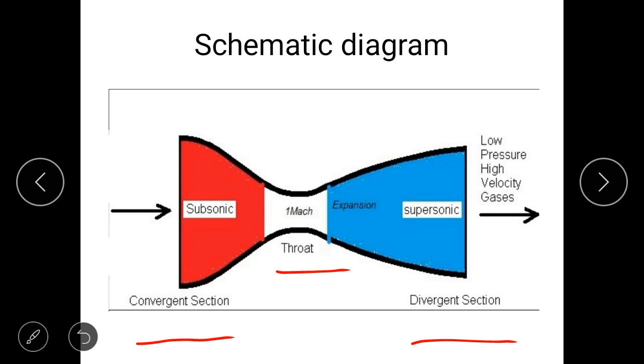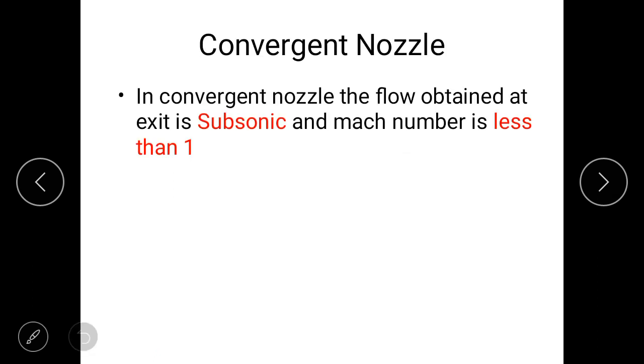In the throat portion, the Mach number is equal to 1. The flow is sonic. The third portion is the divergent portion, where the flow is supersonic and the Mach number is greater than 1.